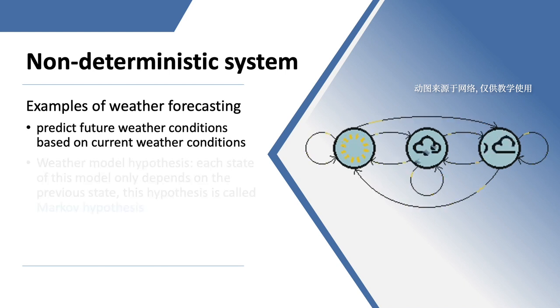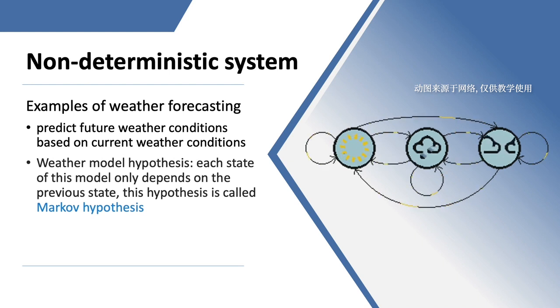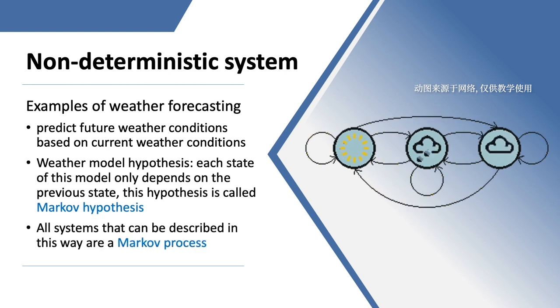We will use a weather model hypothesis: each state of this model only depends on the previous state. This hypothesis is called the Markov hypothesis. This simplified system allows us to obtain some useful information, although not very accurate. All systems that can be described in this way are Markov processes.